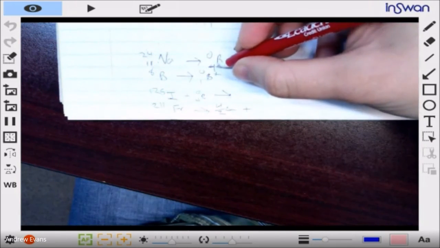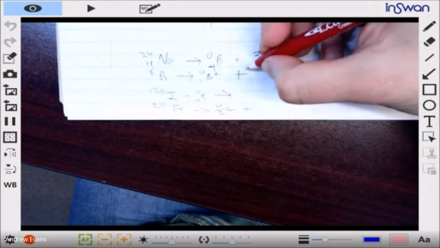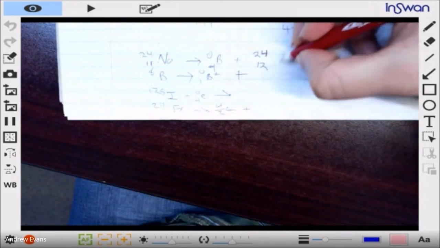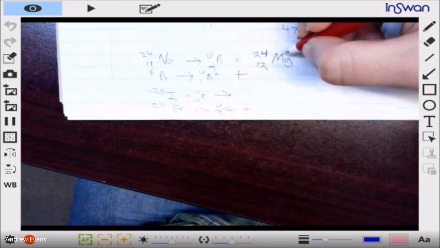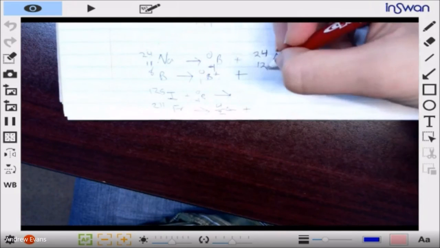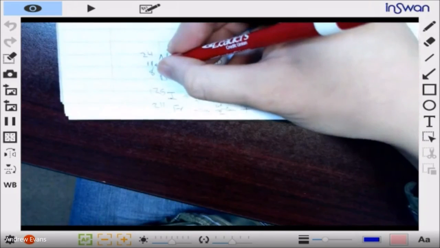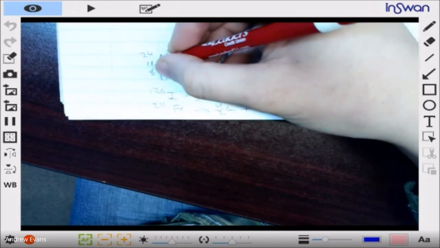Beta decay is going to move it 1 to the right, because this has to be 12. Now, the element under element 12 is magnesium. 12 plus -1 equals 11.